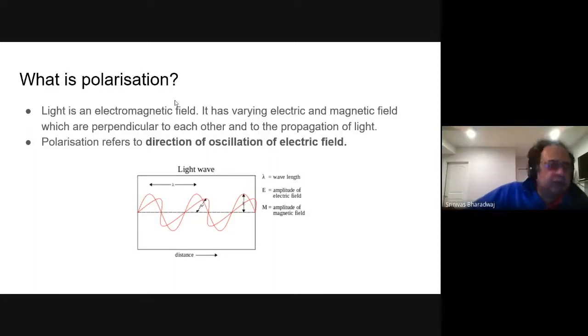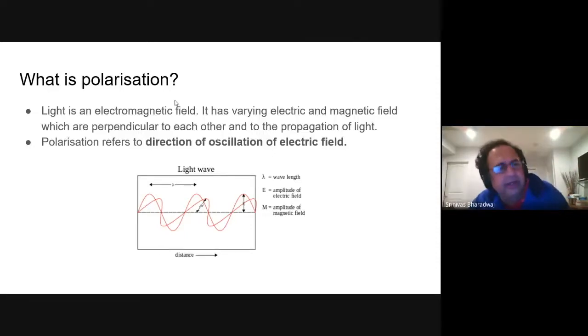There is also the idea of the photon, which is the particle understanding of light. We have the electron, which is also both a wave and a particle. We will come to that side of things as we go into the next set of discussions in modern physics. But before that, let's close down light as a wave.